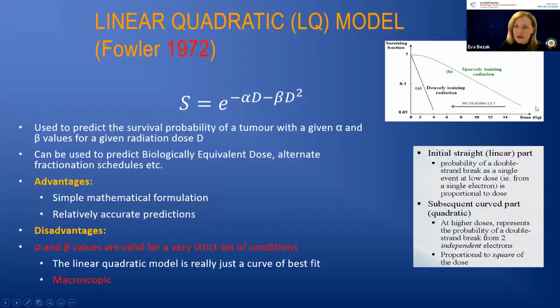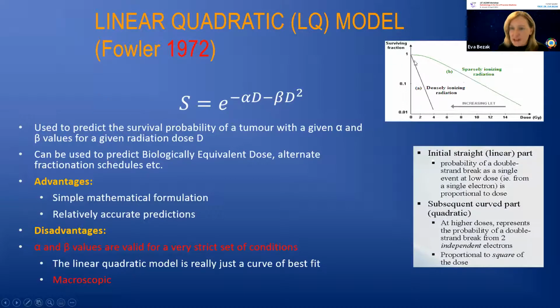And this is a graph of the surviving fractions, where you can see that the low LET radiation or sparsely ionizing radiation, as discussed in the previous lecture, has a slowly declining survival curve as a function of radiation dose here on the y-axis, compared to the densely ionizing radiation such as alpha particles or neutrons that has a rapidly declining survival curve at smaller doses of delivered dose.